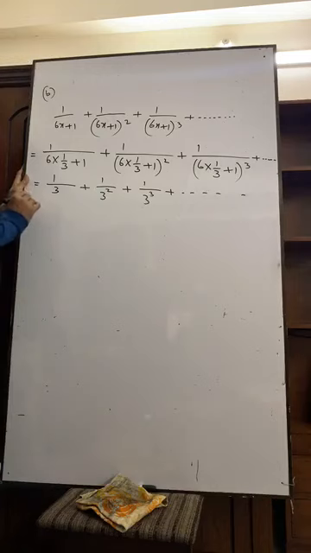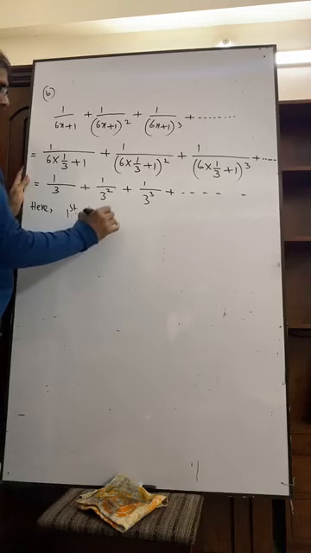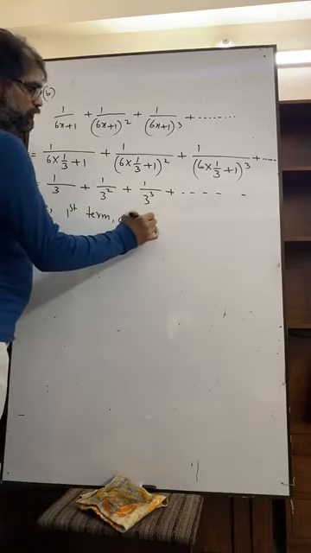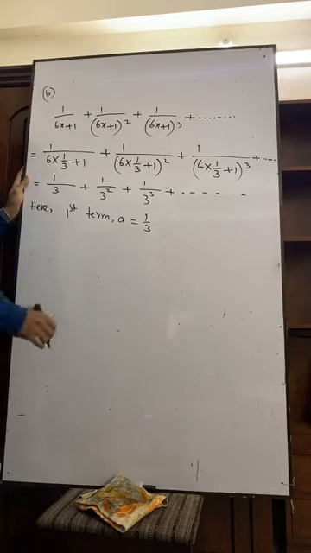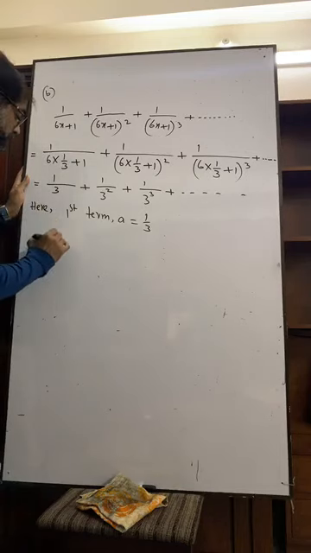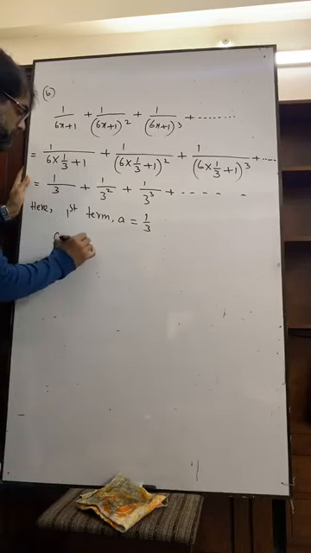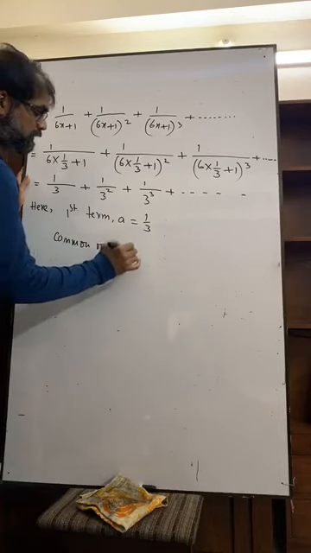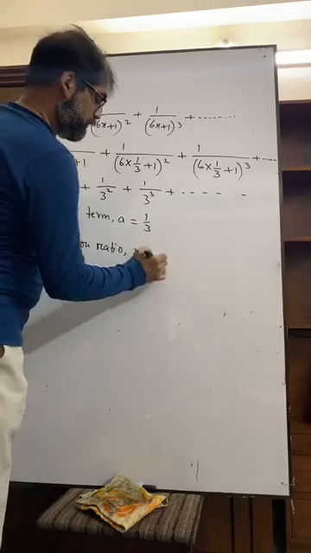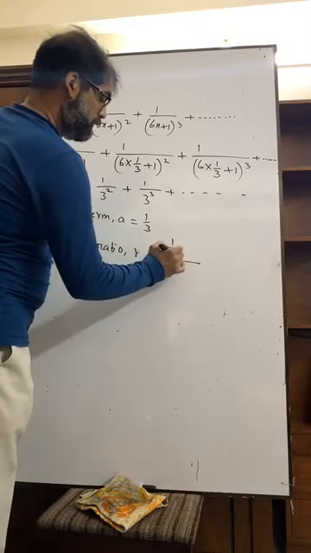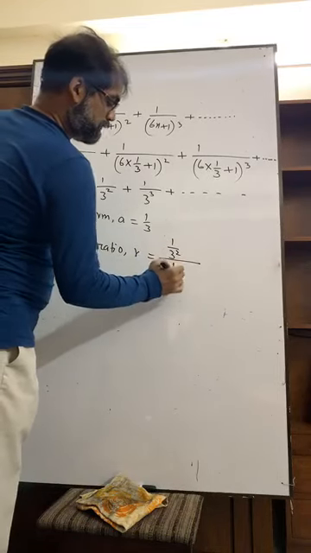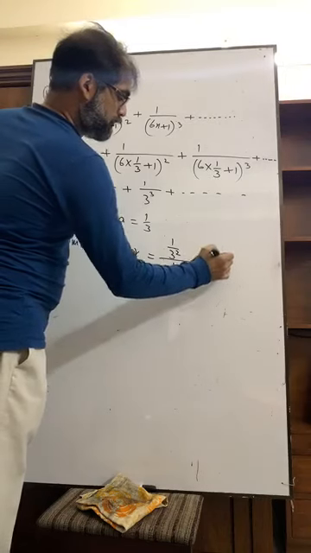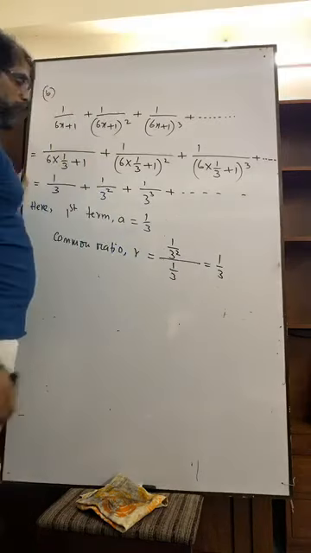Here, first term A equals to 1 by 3. Common ratio R is equal to 1 by 3 square by 1 by 3 equals to 1 by 3.